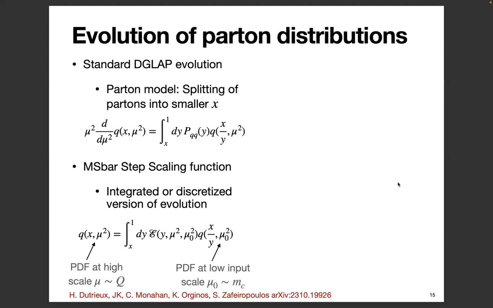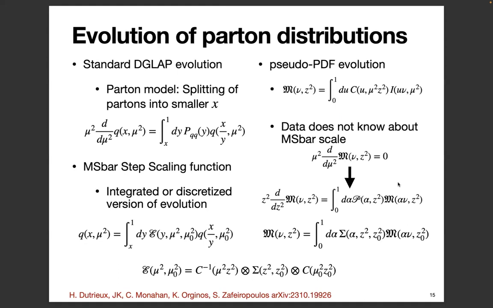Now, we're able to see a similar set of relationships for the pseudo-PDF. We remember our relationship and we say, well, our pseudo-PDF didn't know about the MS-bar scale that appears in factorization. You can then turn this around and find what is the z-squared evolution of your matrix element and have a similar scaling here, which would take me from a z-naught to some different z-value.